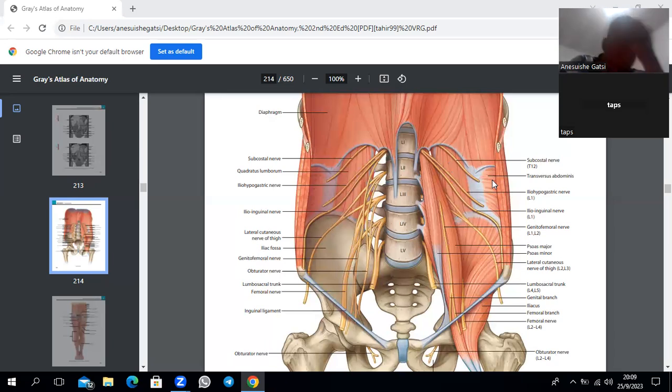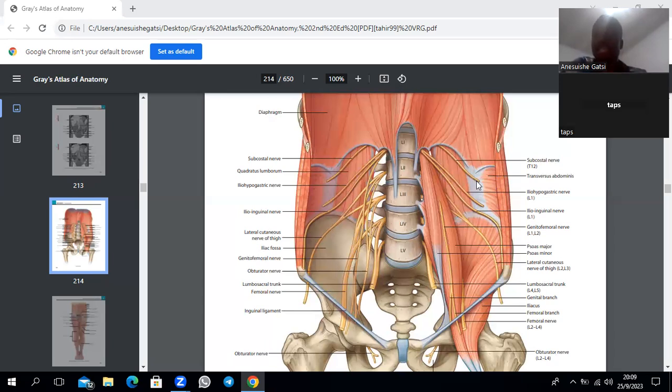So a recap: the subcostal nerve is the anterior ramus of the 12th thoracic spinal nerve. It enters the abdomen behind your lateral arcuate ligament, which comes from the quadratus lumborum muscle fascia that covers it. Then it runs downward and lateral on the surface of the quadratus lumborum to reach the lateral end of the muscle, where it pierces the fascia of the transversus abdominis.